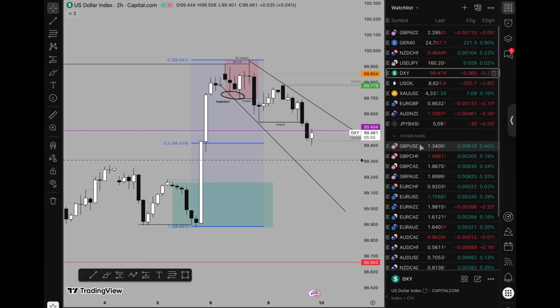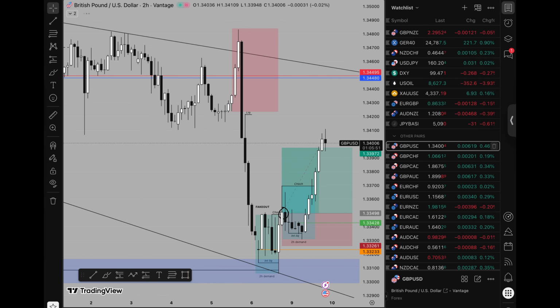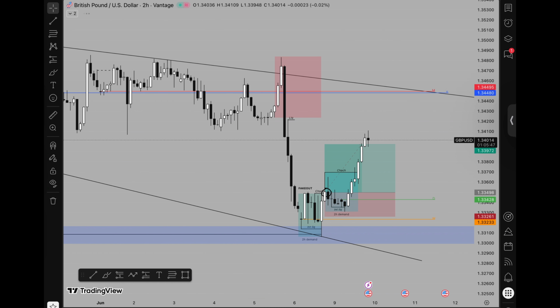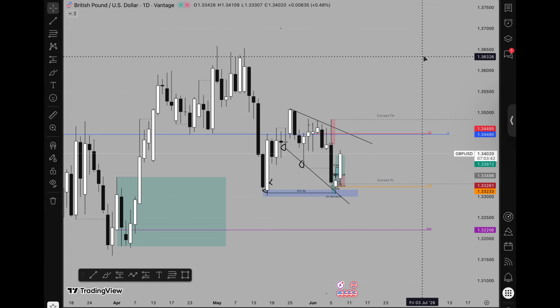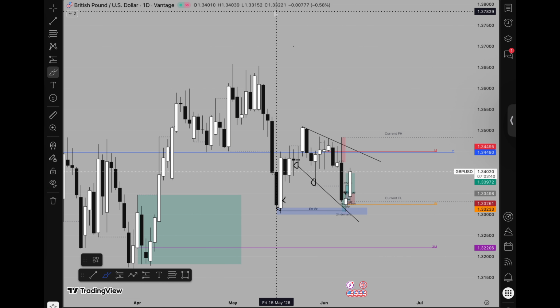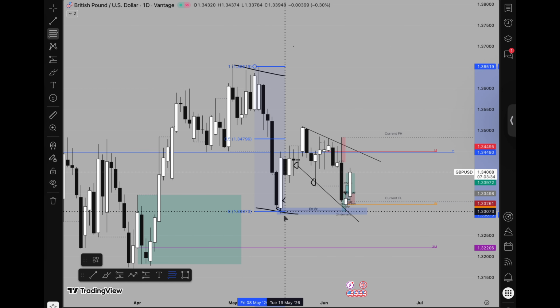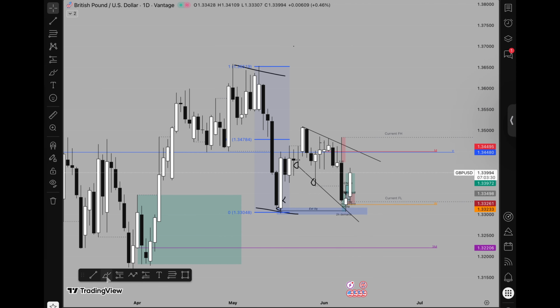And so on GBPUSD, we go on the daily time frame and we see that GBPUSD has actually just reacted from liquidity, with this being the swing high and that being the swing low, went into premium pricing above the 0.5 Fib. And we see that liquidity was now swept.